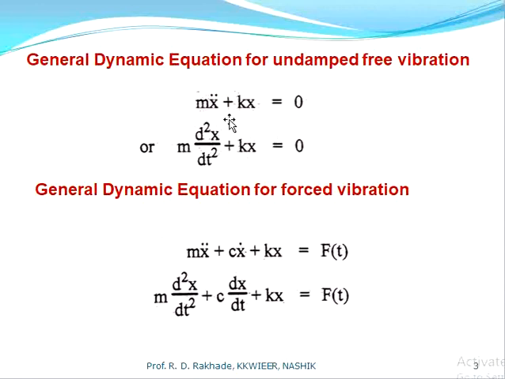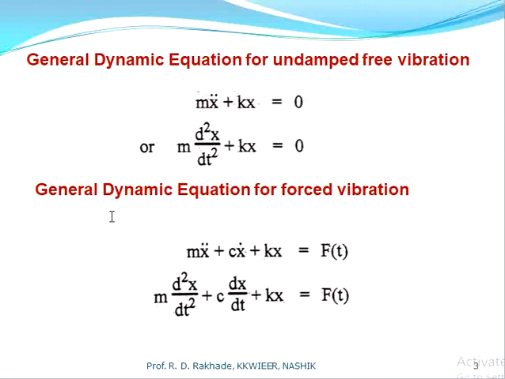Then x double dot is nothing but the double derivative of the variable with respect to time or frequency. So equal to 0 means this is an undamped system, and if there is an application of an external force, we represent it by F(t), that is a load or harmonic force.